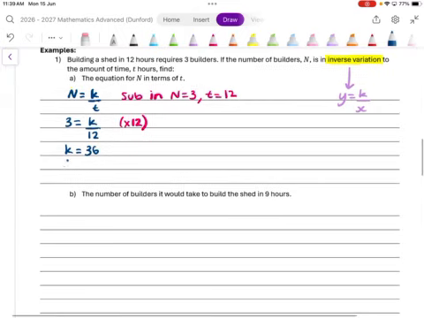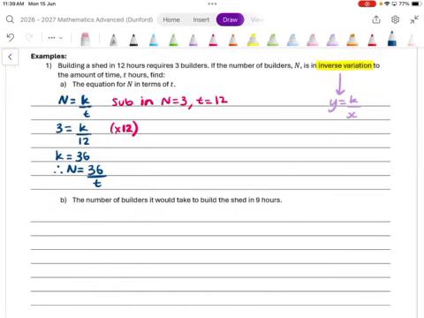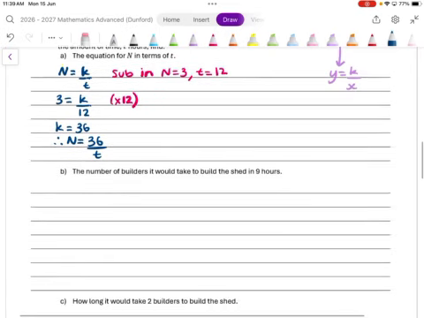Therefore our equation for n in terms of t is n equals 36 on t. That is our equation for building a shed when in 12 hours it requires 3 builders. We can now use this equation for our inverse variation to answer these next few questions.